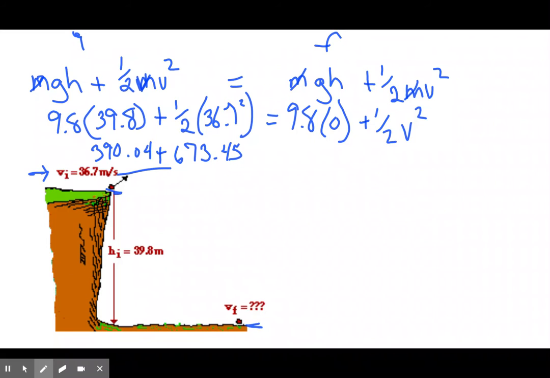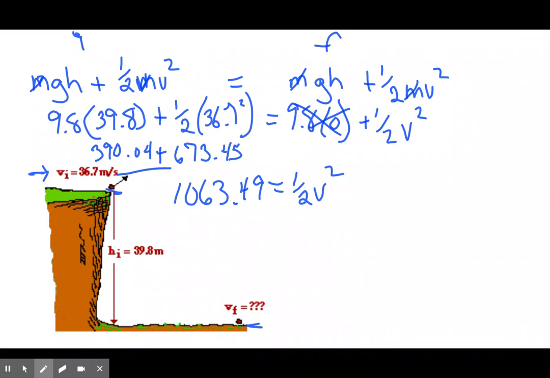So this added together gives me 673.45 plus 390.04, 1063.49. Well, this is going to cancel out and be 0, so equals 1/2 v squared.